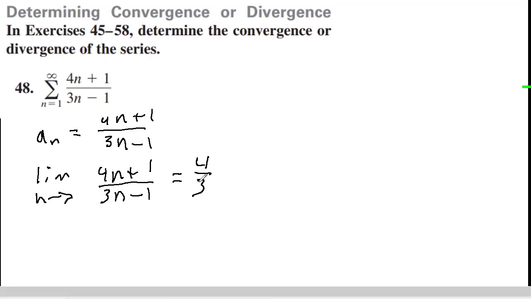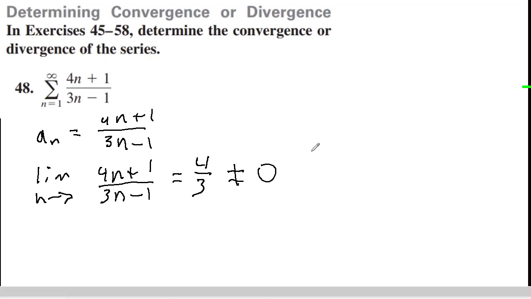As you put in bigger and bigger numbers for n, your terms are getting closer and closer to one specific number, 4/3. But because 4/3 is bigger than 0, that means that you're adding more and more numbers that are getting closer and closer to 4/3. So as you add more and more numbers, your sum is increasing. So this is not 0, right?